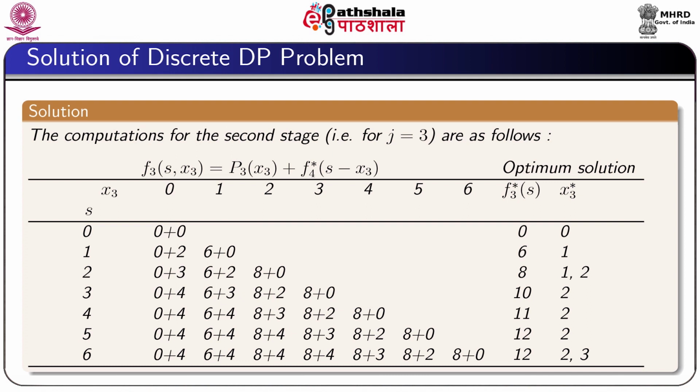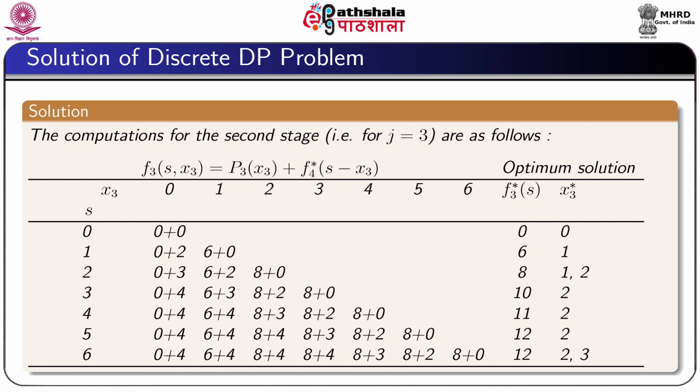Now, we proceed to stage 2. We have the recurrence relation f 3 equal to P 3 x 3 plus f 4 star s minus x 3. F 4 star we have already derived in the previous table. So, depending on the available value of s, we can assume the value of x 3.